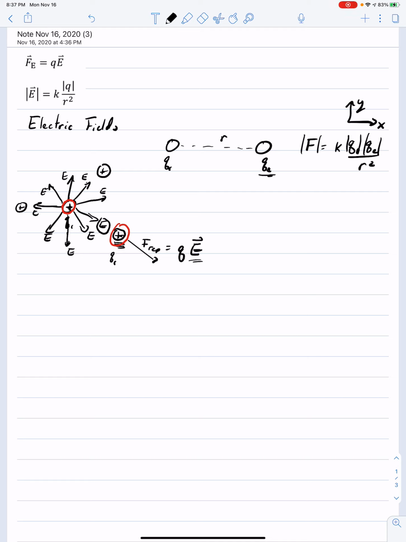Another little known fact for you to think about: when it comes to positive charges, the electric field lines always go outwards. But when it comes to negative charges, the electric field lines are always going inward.